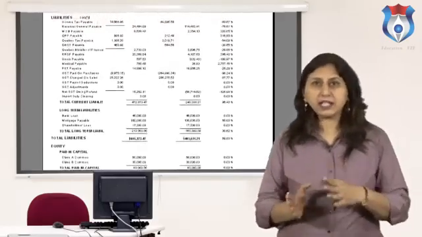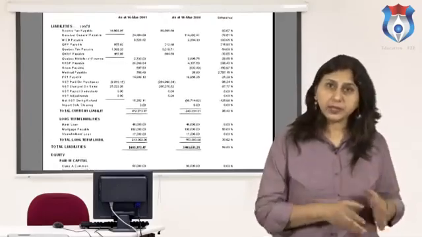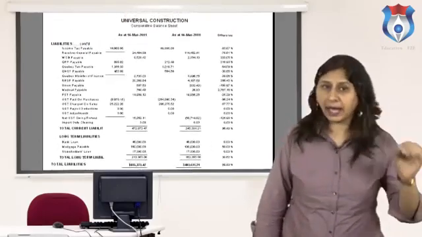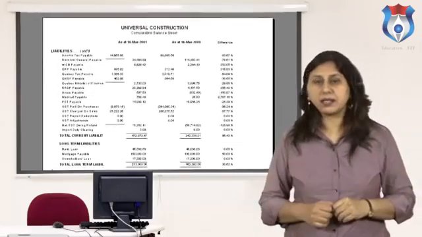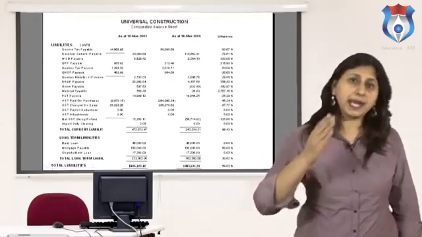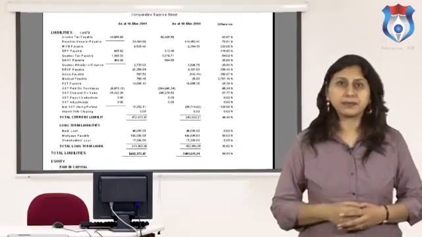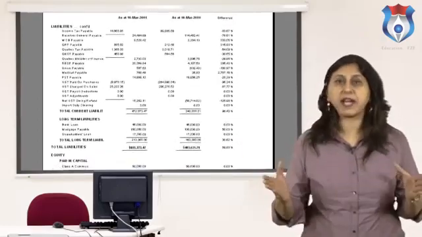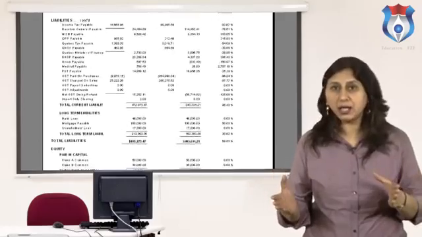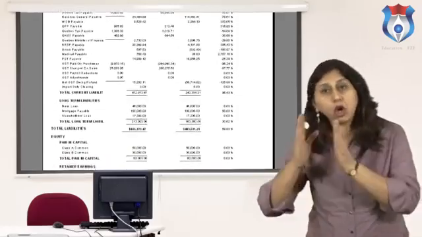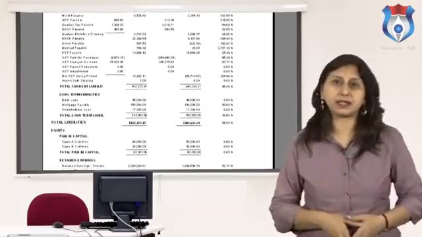For studying current financial position or liquidity position of a concern, one should examine the working capital in both the years. Working capital is the excess of current assets over current liabilities. For studying the long-term financial position of the concern, one should examine the changes in fixed assets, long-term liabilities and capital.